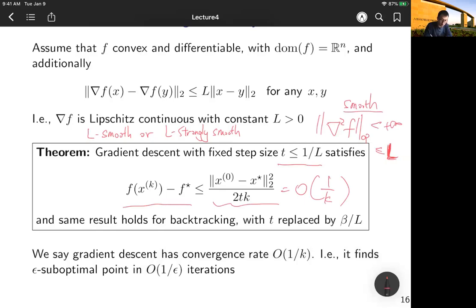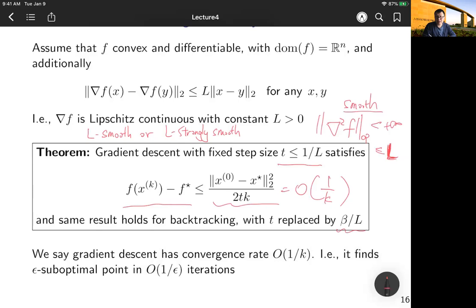Okay, so the same result also holds for backtracking line search, but with the parameter t replaced by something else. So we say that gradient descent has a convergence rate of 1/k.